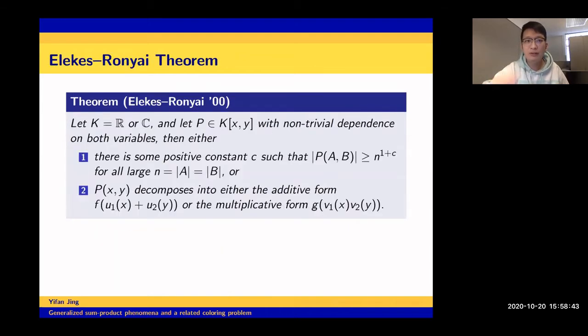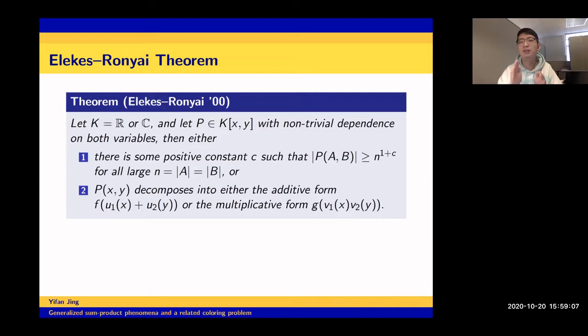And then there's another very famous result by Elekes–Rónyai in 2000. So they also prove a similar phenomenon for a general bivariate polynomial. So we can choose K to be either R or C, and then we choose P to be a polynomial in two variables with non-trivial dependence on both variables.